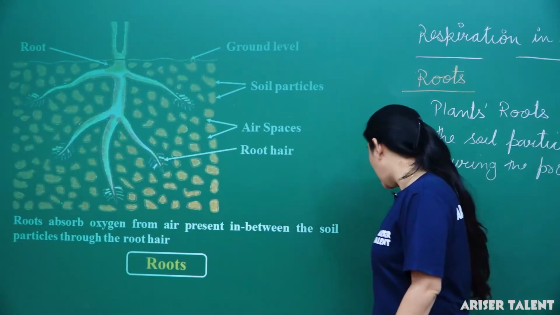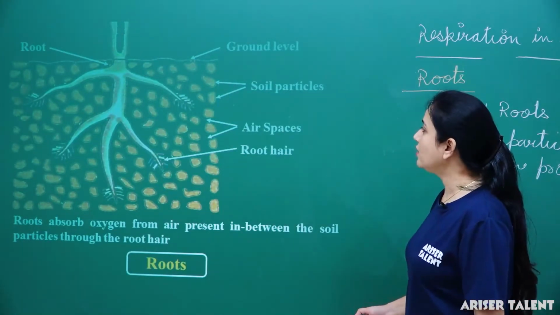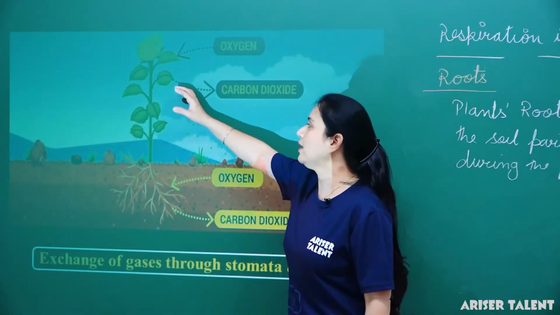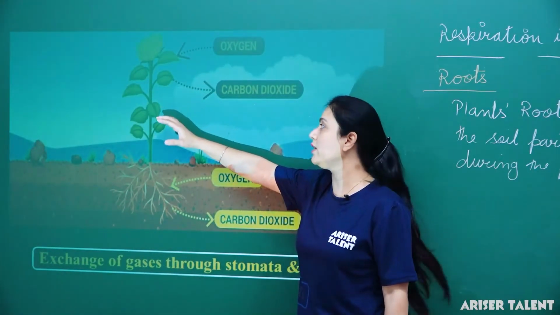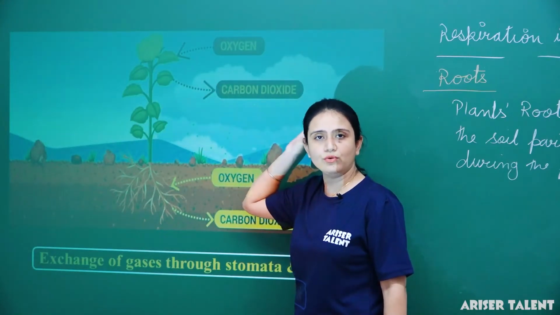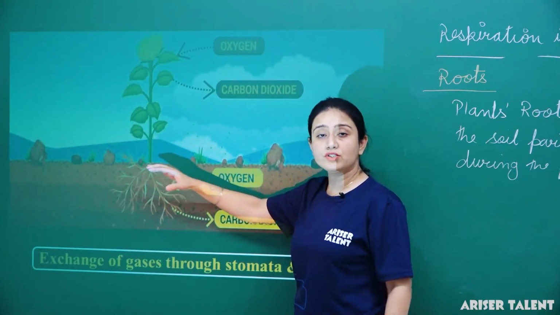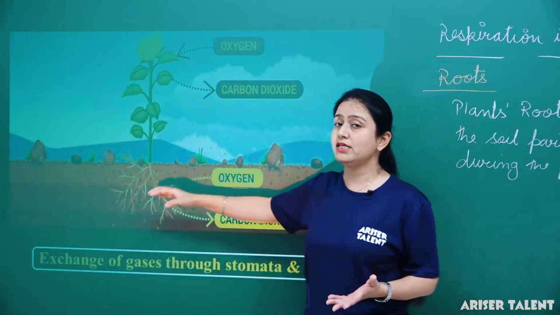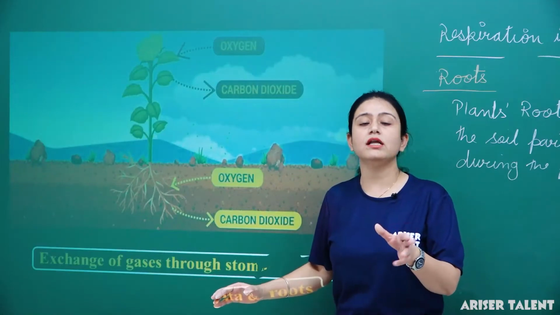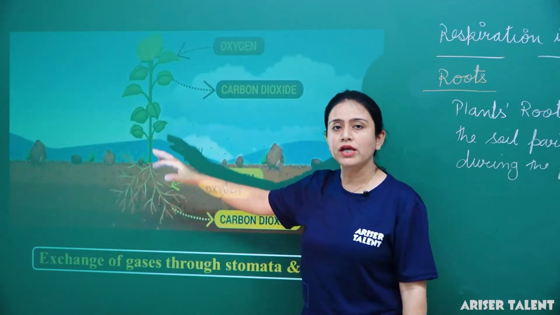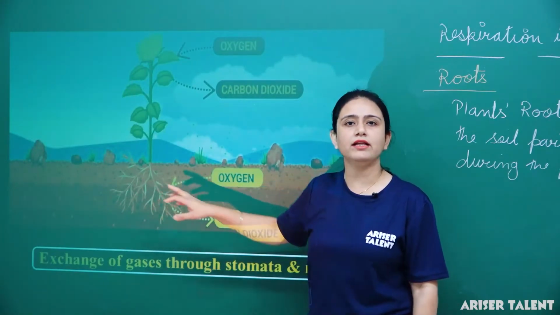I mean to say that the upper body of the plant, their leaves help to do the process of respiration by the stomata, and the lower part, as we all know, is the roots, which provide oxygen, water and minerals to the plant. This is the reason it can grow. If the roots die, then the plant cannot grow.